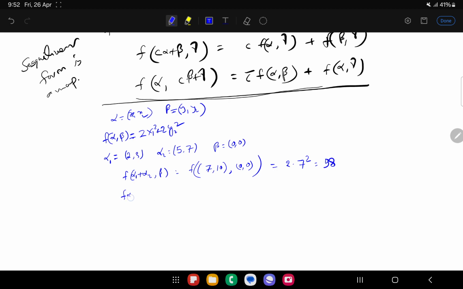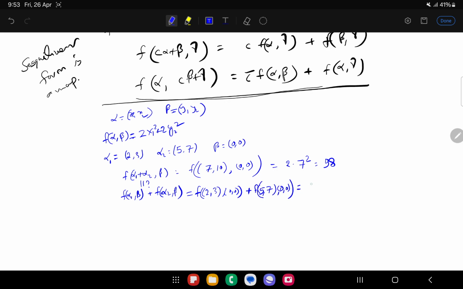If you calculate f of (alpha 1, beta) plus f of (alpha 2, beta), we want to check if these are equal or not. Here we will get f of (2, 3), (0, 0) plus f of (5, 7), (0, 0).